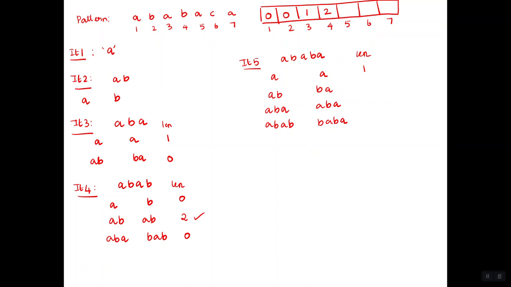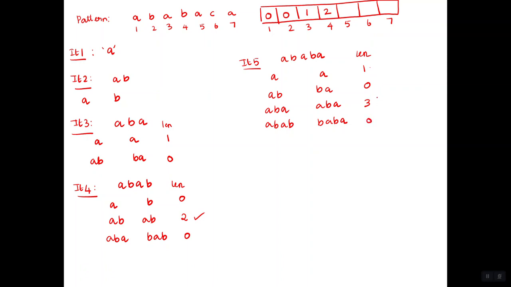So here 2 character length I don't have any prefix or suffix in common, so this is equal to 0. Yes, comparing to the 3 character substring, I have ABA and ABA, which means that prefix and suffix both are going to be the same. So the length of this particular thing is equal to 3. And finally, for AB, AB and BA, BA, characters are the same, but prefix and suffix is not the same, so this is equal to 0.